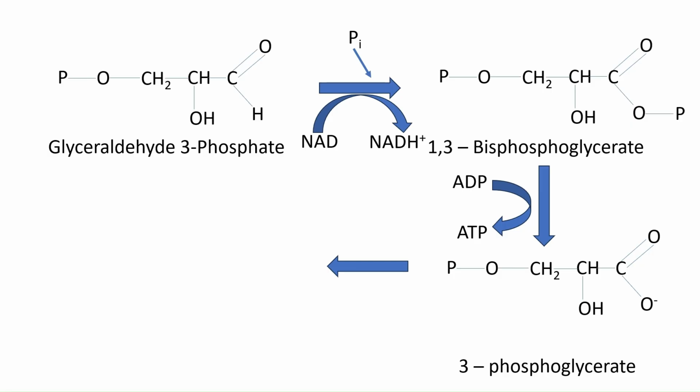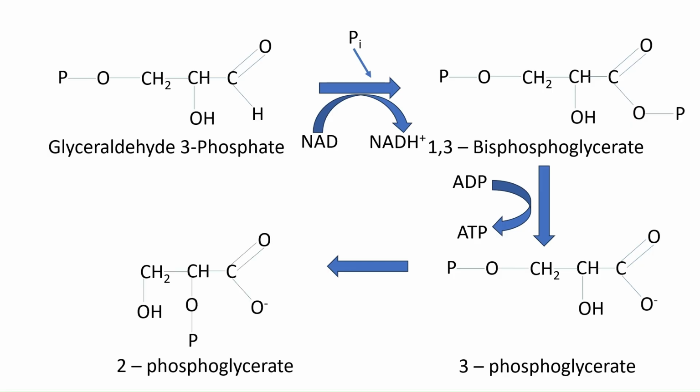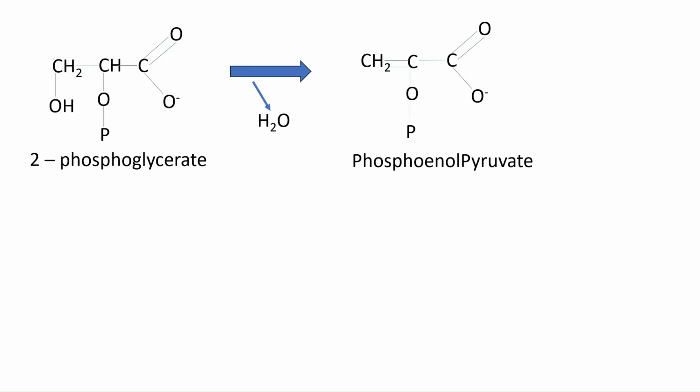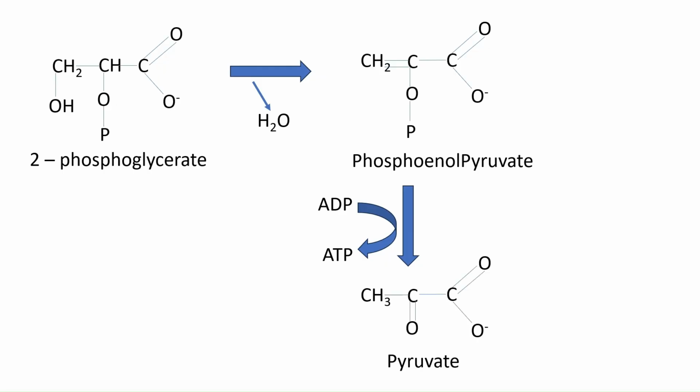Now this 3-phosphoglycerate is converted to 2-phosphoglycerate by the enzyme phosphoglycerate mutase. This 2-phosphoglycerate is converted to phosphoenol pyruvate by the enzyme enolase, and phosphoenol pyruvate is dephosphorylated and dehydrogenated to give us pyruvate.